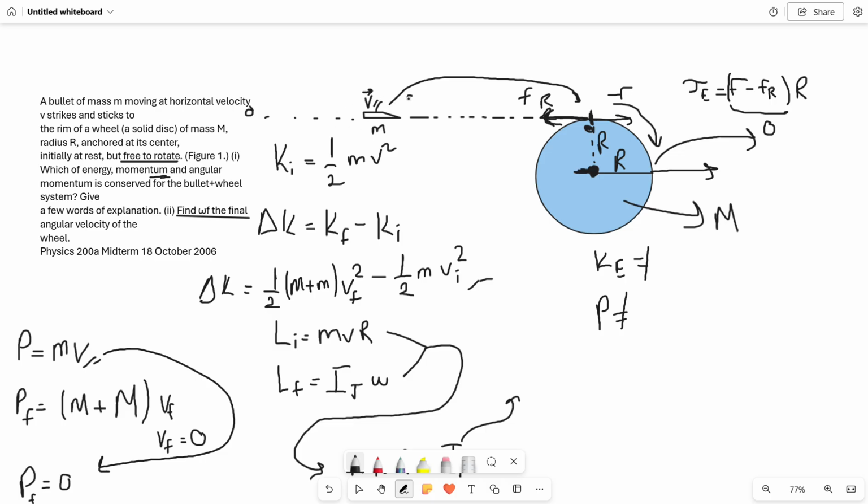This is a mathematical point with a mass, moving to the right side. We assume that, guys, okay?